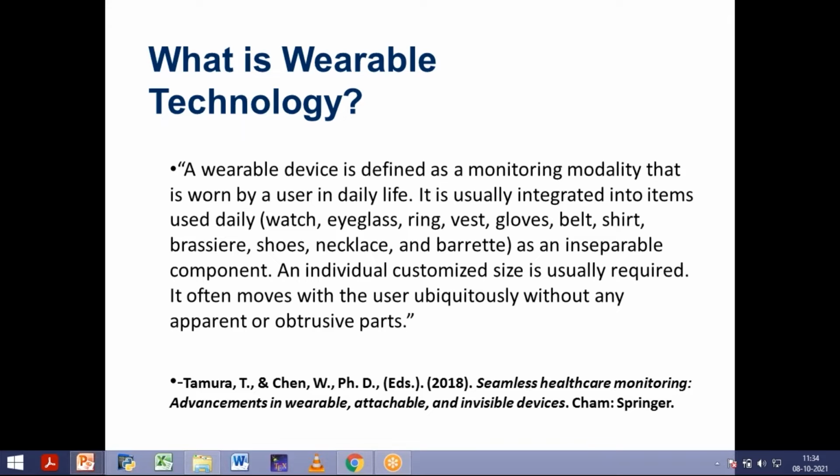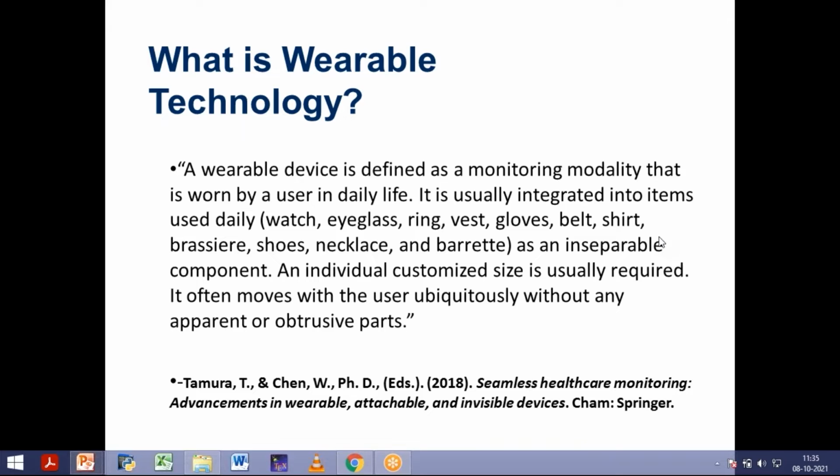It is usually integrated into items used daily: watches, eyeglasses, ring, vest, gloves, belt, shirt, brassiere, shoes, necklace, and bralette, as an inseparable component. An individual customized size is usually required. It often moves with the user ubiquitously without any apparent or obstructive parts.